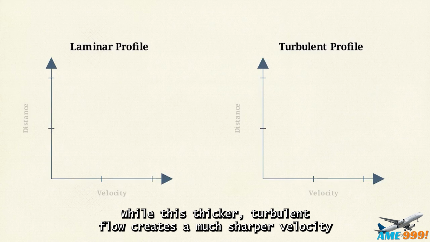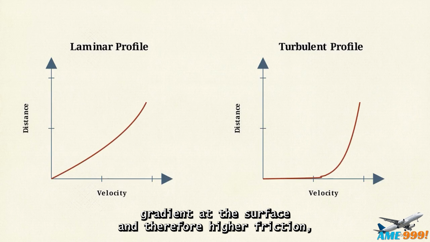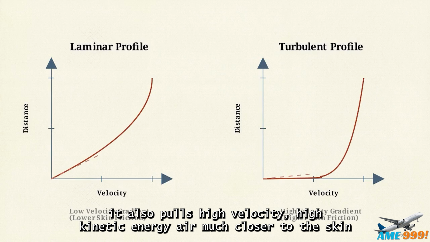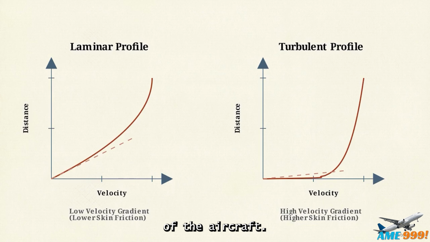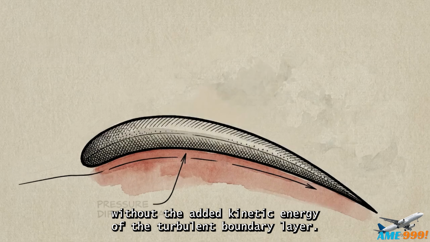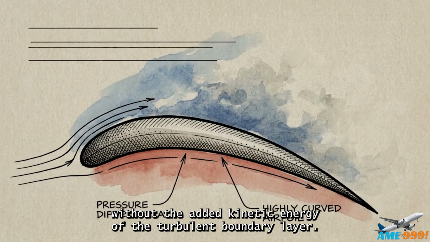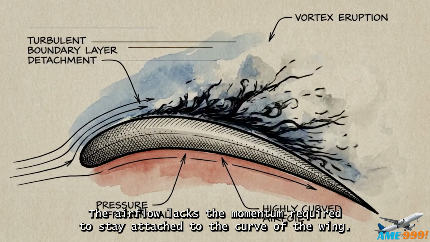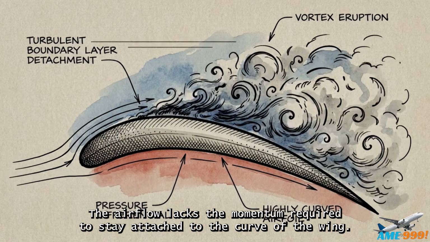While this thicker, turbulent flow creates a much sharper velocity gradient at the surface, and therefore higher friction, it also pulls high-velocity, high-kinetic energy air much closer to the skin of the aircraft. Designers willingly accept the penalty of that higher friction drag. Without the added kinetic energy of the turbulent boundary layer, the airflow lacks the momentum required to stay attached to the curve of the wing.